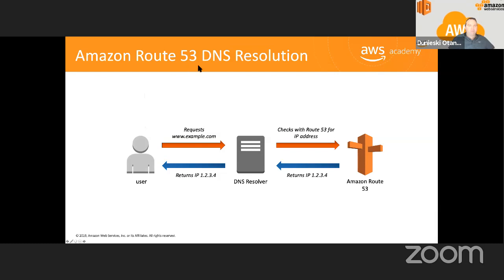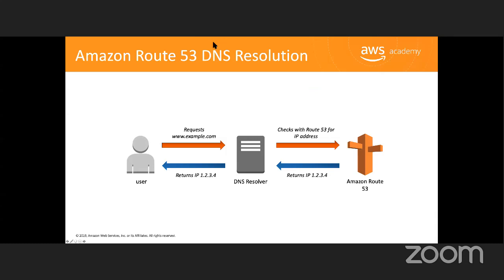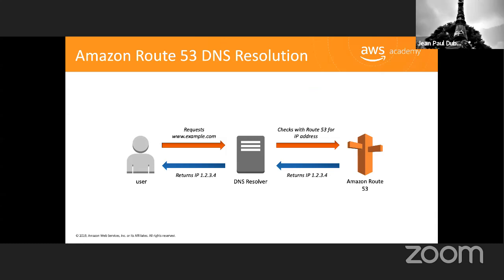So, Amazon Route 53 DNS resolution. Here we have the basic pattern Route 53 follows when a user initiates a DNS request.